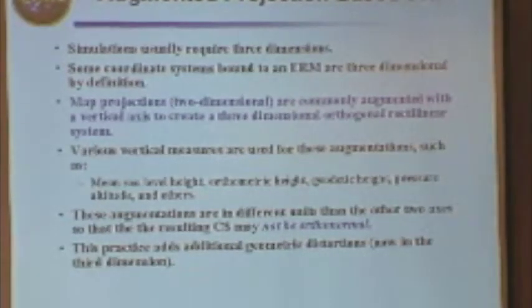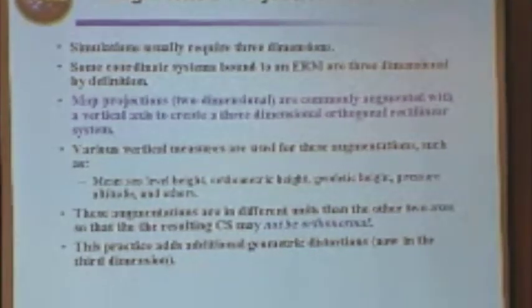Now comes a fundamental problem in the modeling and simulation business that addresses this whole business of rectangular coordinates. We're going to keep coming back, and coming back to that. Simulations require 3 dimensions. I just got done telling you the projections are 2-dimensional. So how do you get the 3rd dimension on there?